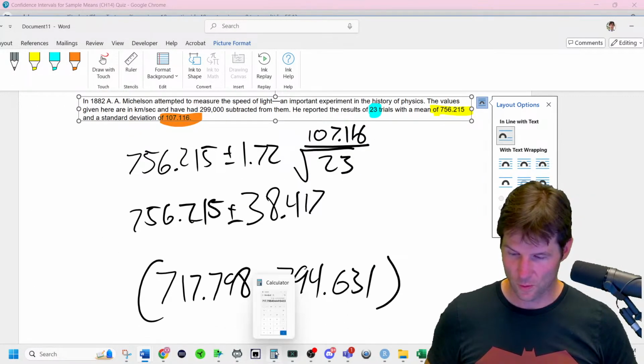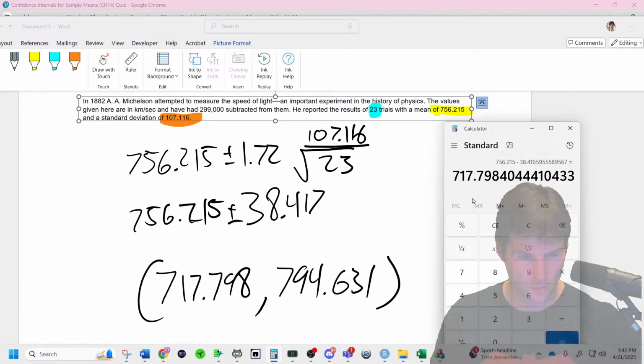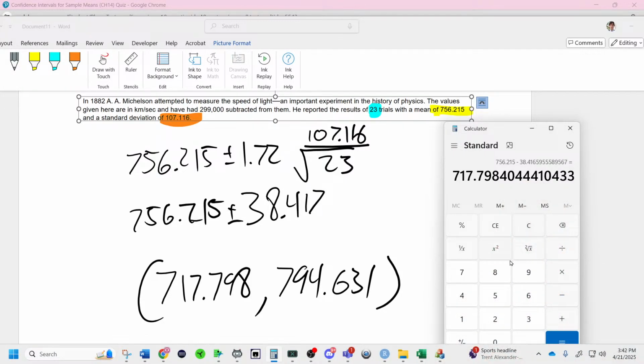And so let's look at our math. 23. I can't math a lot of days, it seems. 107.116 divided by that times 1.72. That's 38.42.